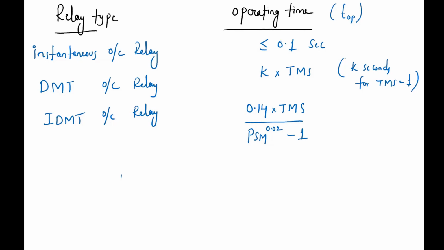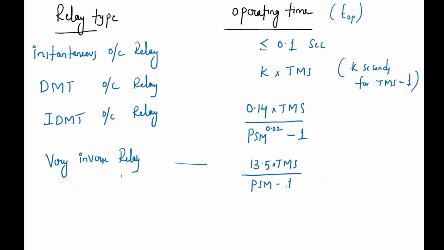So many seconds. For a very inverse relay, this value will become 13.5 into TMS divided by PSM minus 1.